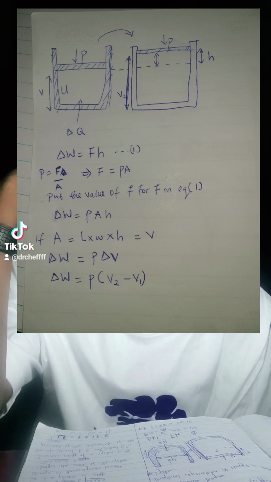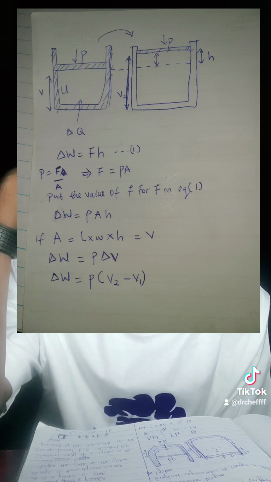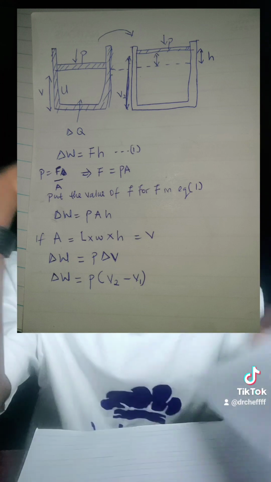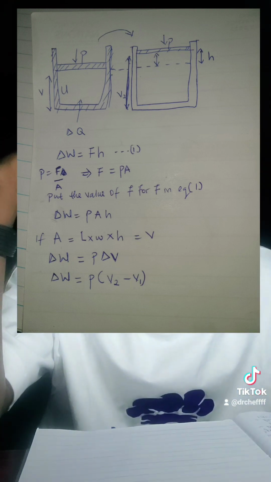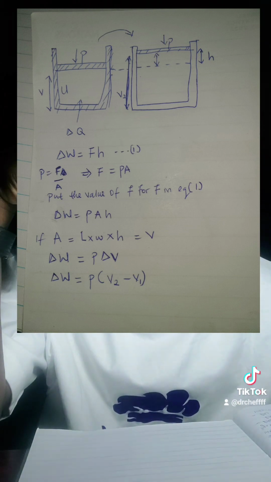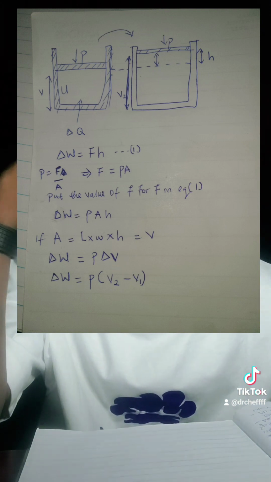So we now substitute the value of F into equation 1. And from there we are going to get what? Changing the amount of work done now equals P A h, right?